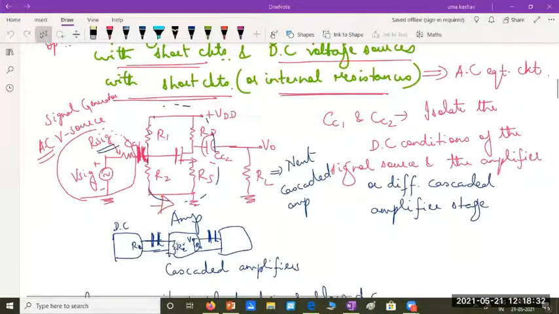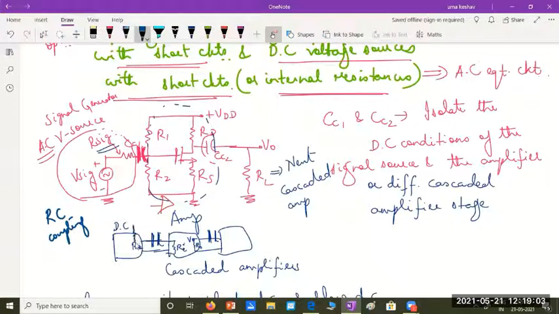And when we cascade multiple stages, there are different ways of coupling. The most common coupling technique is RC coupling, where a resistor and capacitor combination is used.